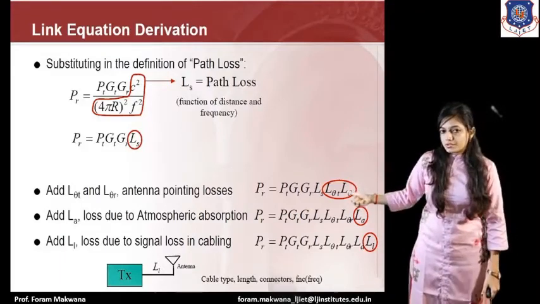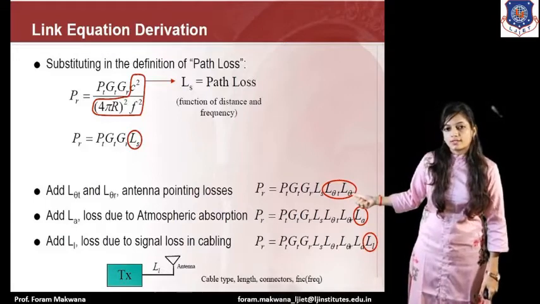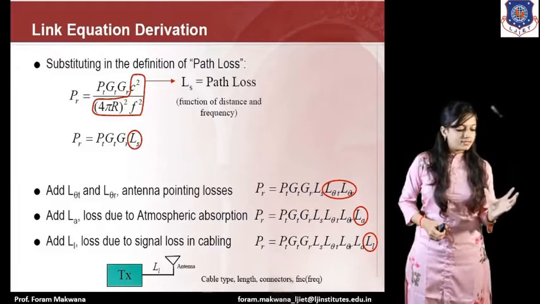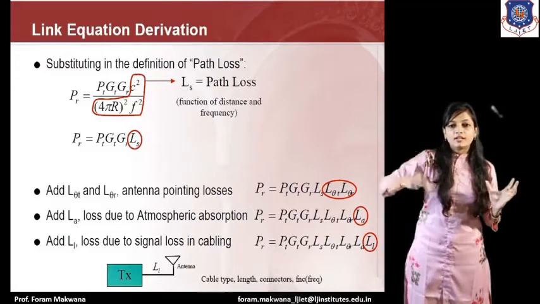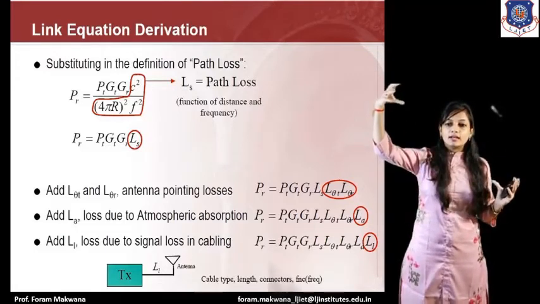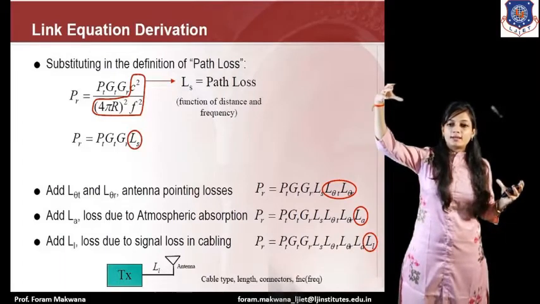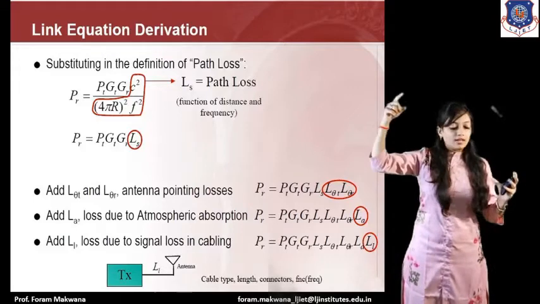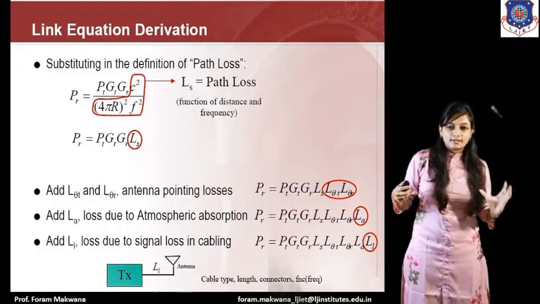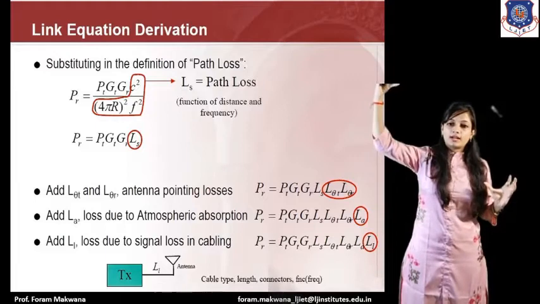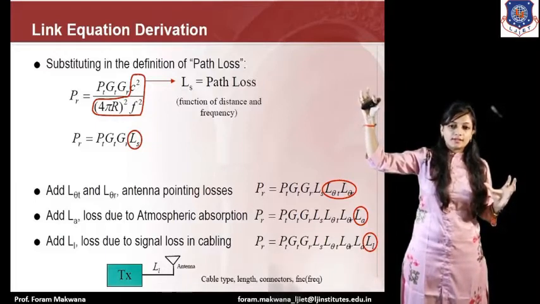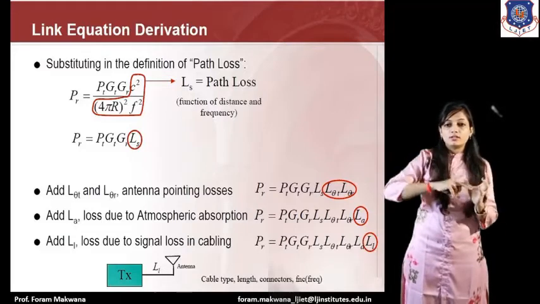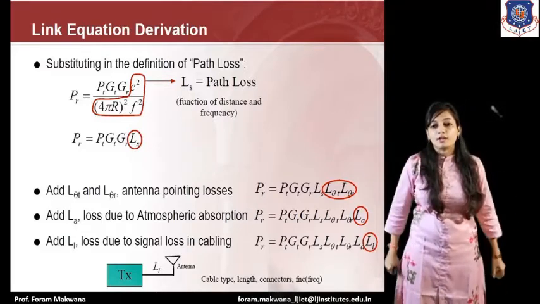as we are going to introduce the antenna pointing loss, what does it mean? If my transmitting antenna is pointing in this direction, and my receiving antenna is similarly pointing in the same direction, then there is no pointing loss. And if my transmitting antenna is pointing like this, and my receiving antenna is pointing like this, then it will cause a loss known as the antenna misalignment loss.